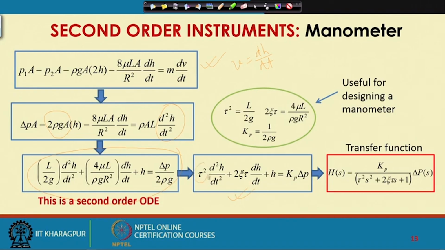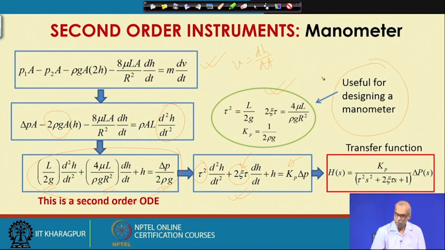So, these parameters zeta, tau, and k are obtained from this and this. So, this becomes very useful for designing a manometer. So, if you want to make zeta less than 1, what sort of parameter values you should have.